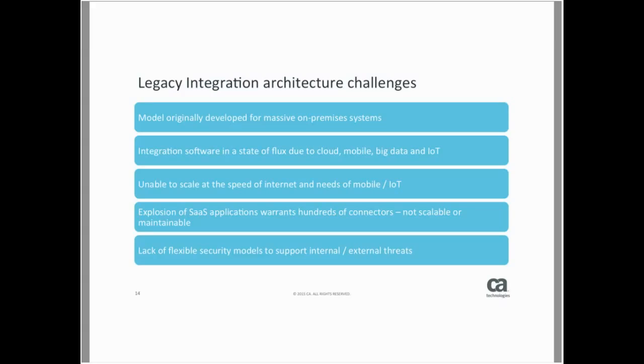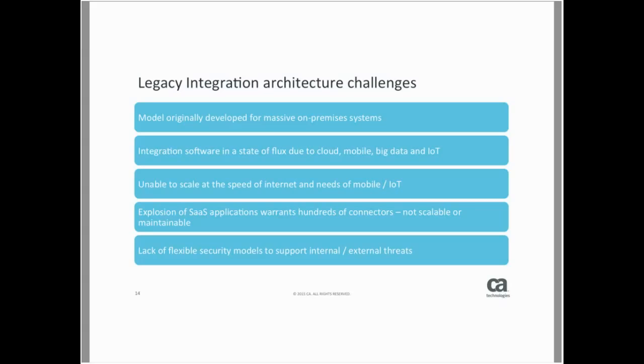SaaS applications, there are hundreds of SaaS applications that are coming up on a day-to-day basis. But when you talk about an ESB type architecture, then you're thinking, oh, I need a connector to connect with each one of these applications that are out there. Well, the notion might be right because that's how ESBs have traditionally been done all along.